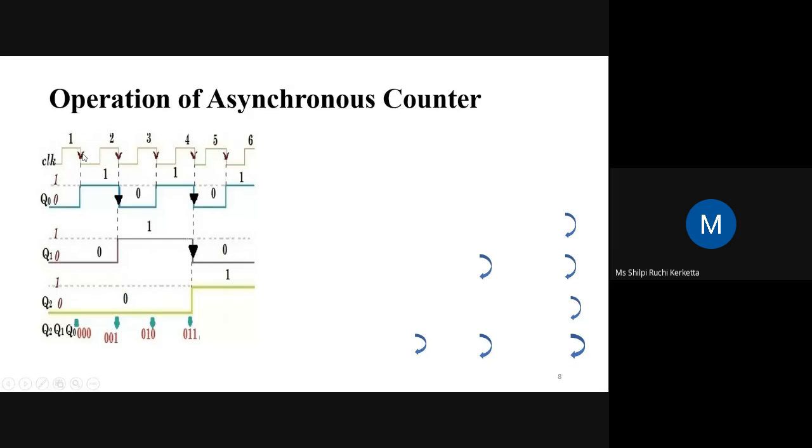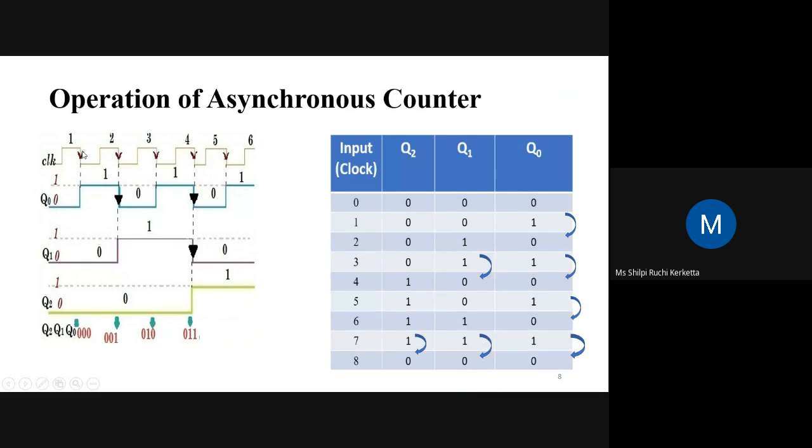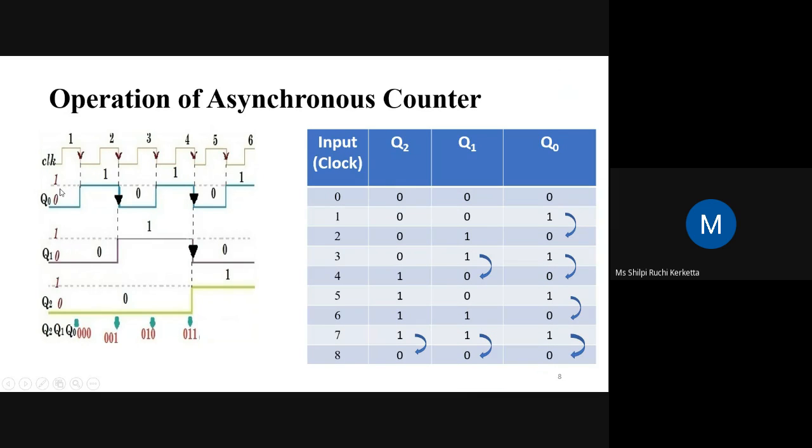We saw in the JK 1-1 condition, when we change the clock, it just becomes opposite. Because it is negative edge triggering, whenever we give a 0, it will become opposite. That's why it is going from 0 to 1. This you understood?